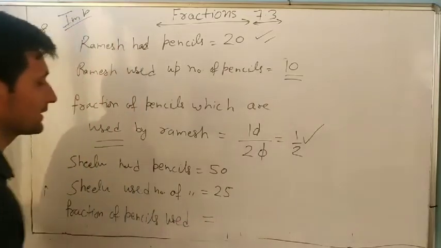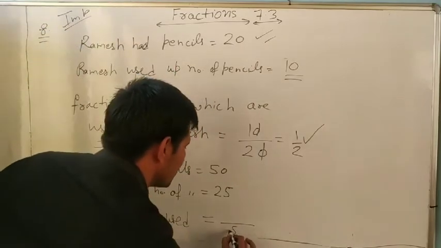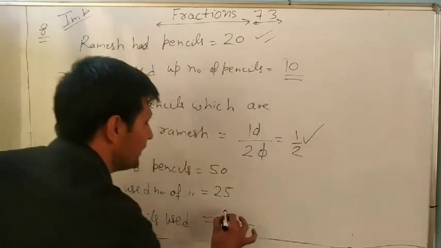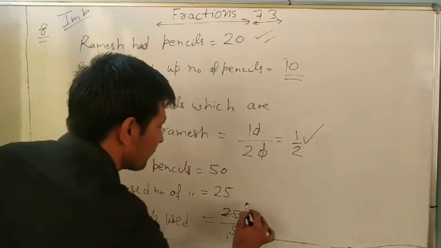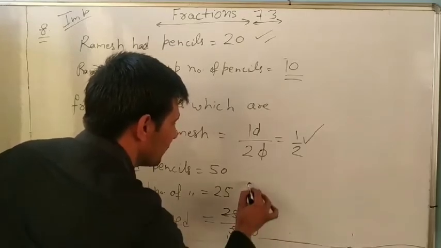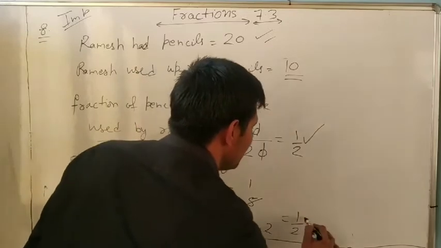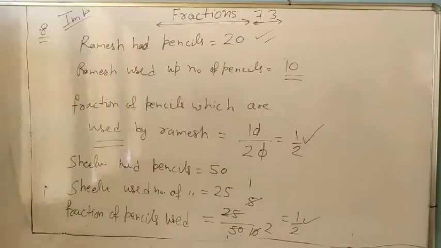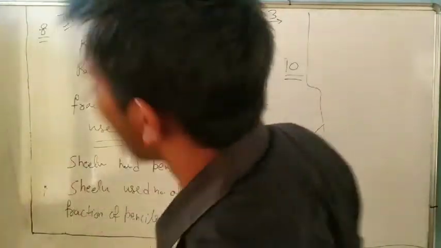Always the downside, the denominator, is the total pencils, 50, and how many used? 25. So cut this one: 5, 5; 5, 10; 5, 1; 5, 2. So what did he use? 1 by 2. So how many pencils were used by Silu? 1 by 2. Same as it is, we can find for whose? Jamal. So write.